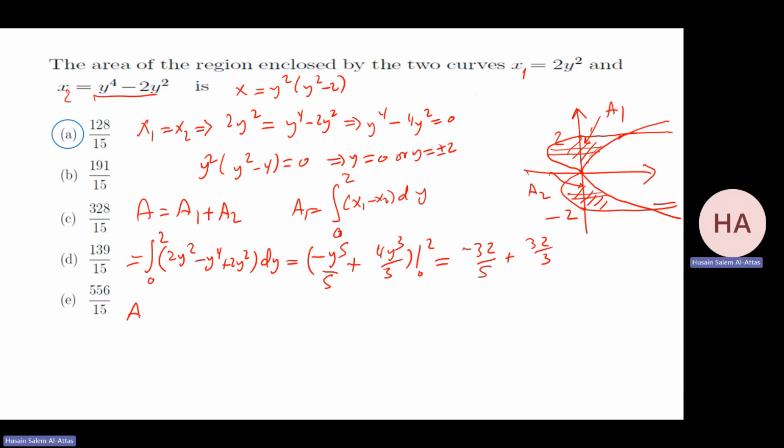Now A2 will be the integral from minus 2 to 0, same thing. Yeah, so actually I can make it in one step, but it's okay. It's now the parabola, which is 2y squared minus y to the power 4 plus 2y squared dy, which is the same calculation.